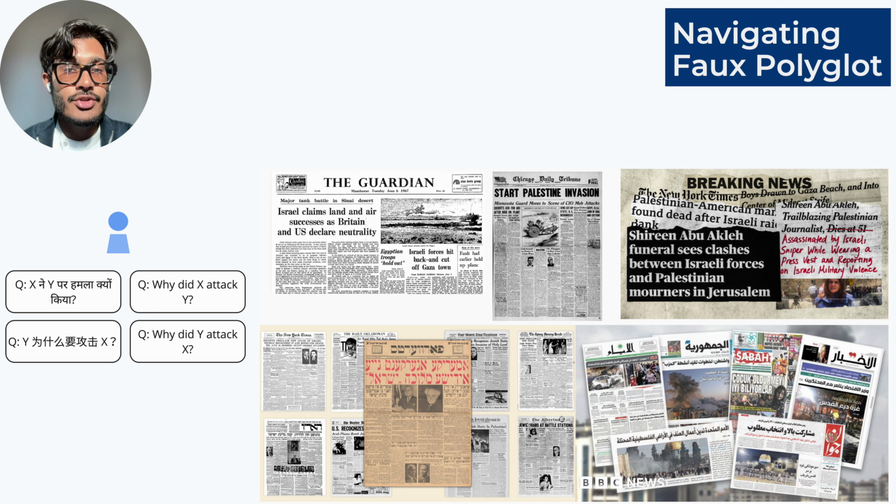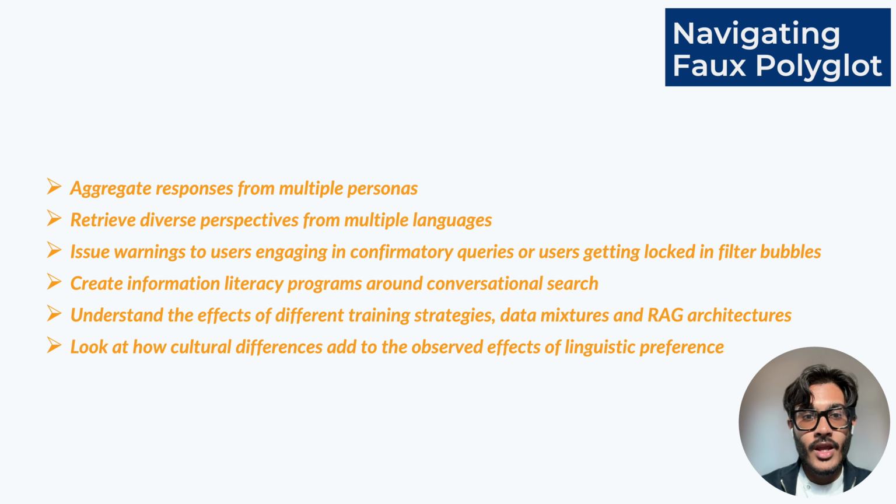We need to educate users to know the limitations of these systems and create scaffolds to support diverse information seeking. If a user wants the complete picture about a topic, the only solution from their side is to query the issue from multiple different perspectives in multiple different languages, which is an impossible task.